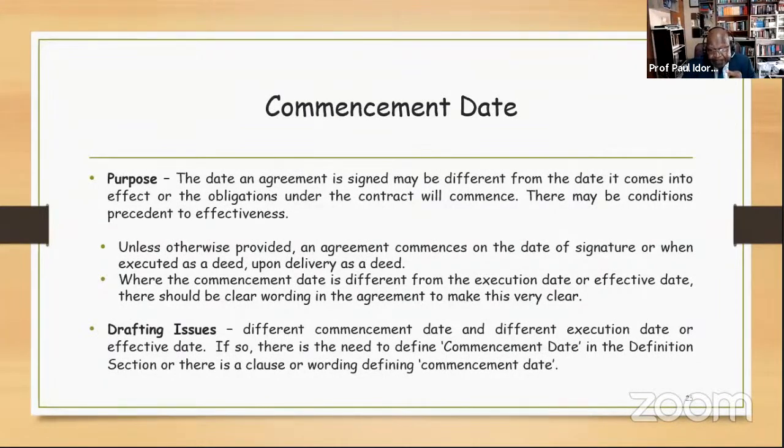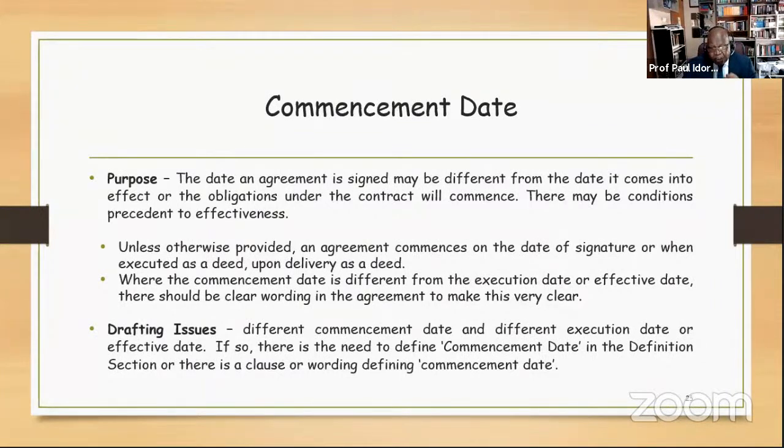Execution date for me is simply the date the contract is signed. When I was in BPE, there were several contracts that we signed for over a year that were not effective because the conditions precedent had not been fulfilled. What you normally have in the contract is, unless the conditions precedent are fulfilled or they are waived.